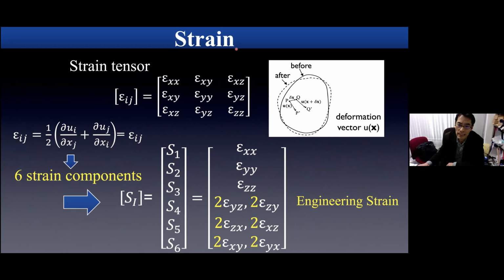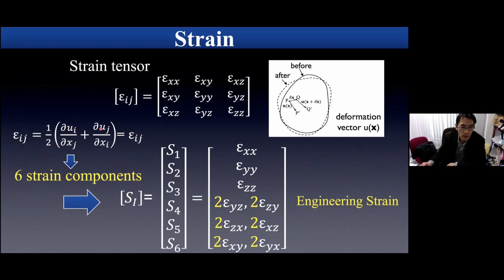This is a very good index of deformation of the material, a non-dimensional degree of deformation. It also has 9 components, and each component can be expressed by the gradient of the deformation vector U, which expresses the deformation from before to after.